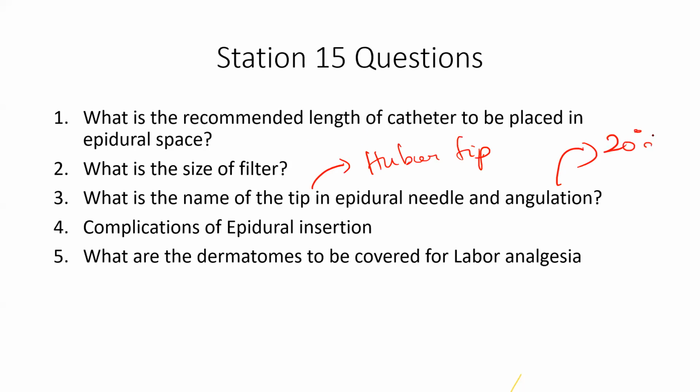Why is it angulated at 20 degrees? To prevent dural puncture. It is blunt and angulated to prevent it. If it is a sharp tip, it can puncture the dura. So to prevent dural puncture, we have this 20 degrees angulation.